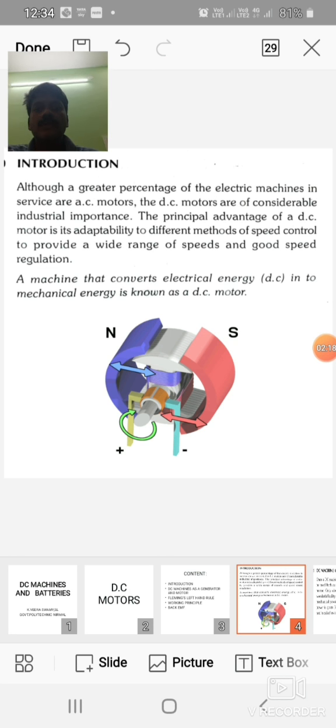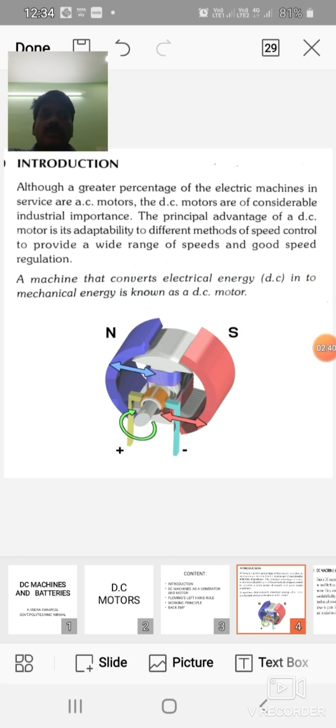Right? So the very important thing is that a greater percentage of electric machines are actually AC motors, but DC motors are of considerable industrial importance.